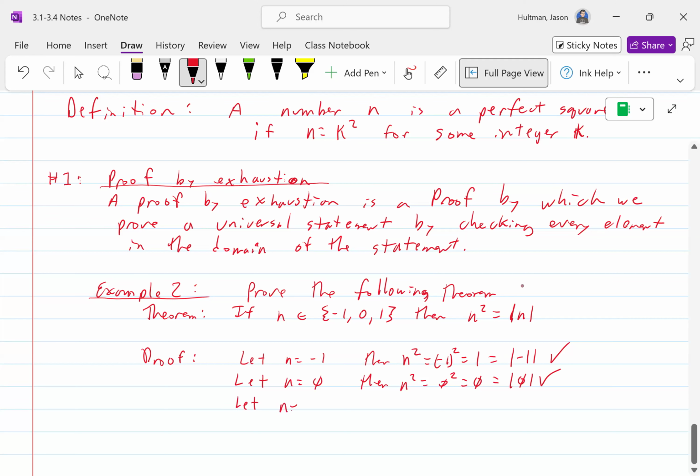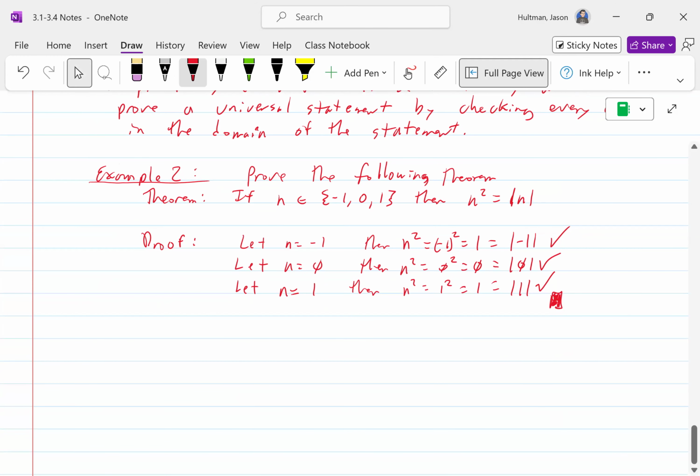And then let n equal +1. Then n squared equals 1 squared equals 1, which is the absolute value of 1, and so that checks as well. So this is a proof by exhaustion. Okay, it has been proven by exhaustion.